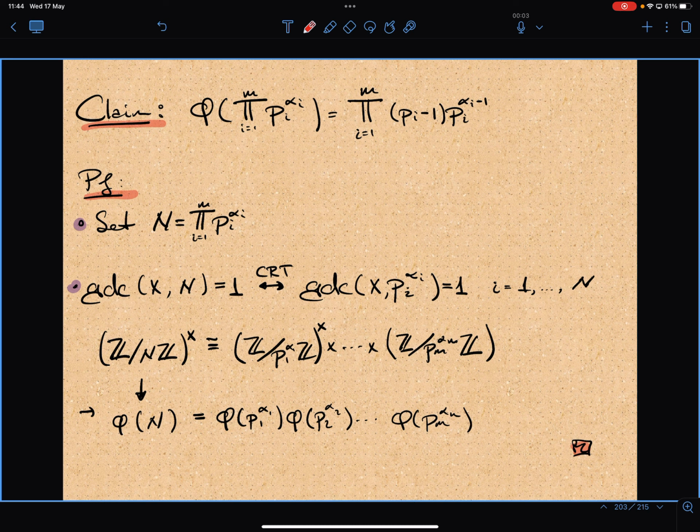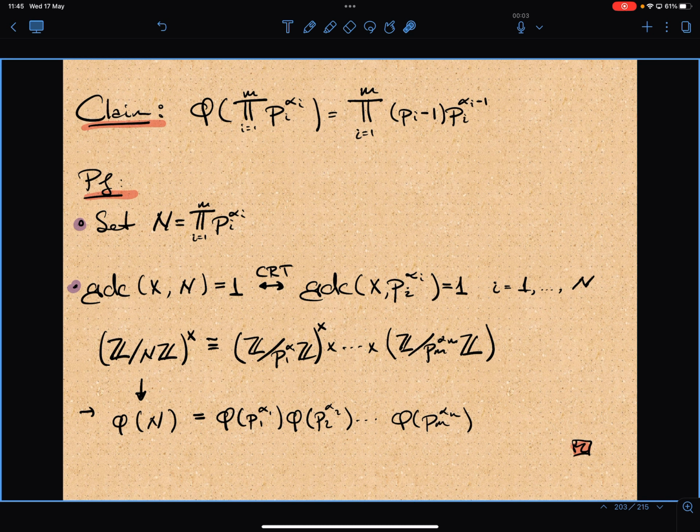We have that n is equal to the product of the primes pi^alpha_i. By the Chinese remainder theorem, the fact that the GCD of x and n is equal to 1 is equivalent to the fact that the GCD of x with each pi^alpha_i is equal to 1.